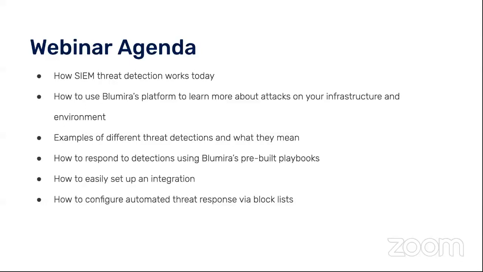So, how things work today. There's a lot of pieces and parts that you have to get right in order to get visibility within your environment. It starts with getting log data or data from APIs from your existing infrastructure, getting into something like a SIEM that can deal with that information.